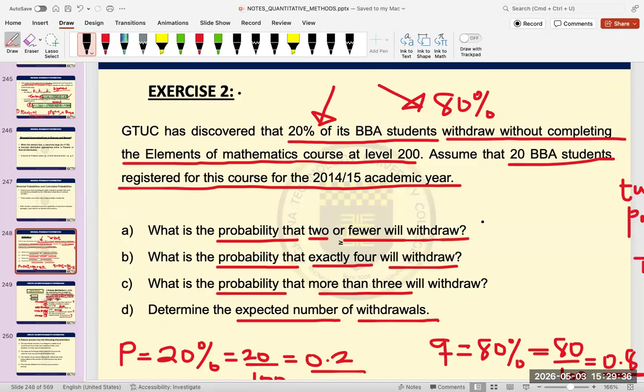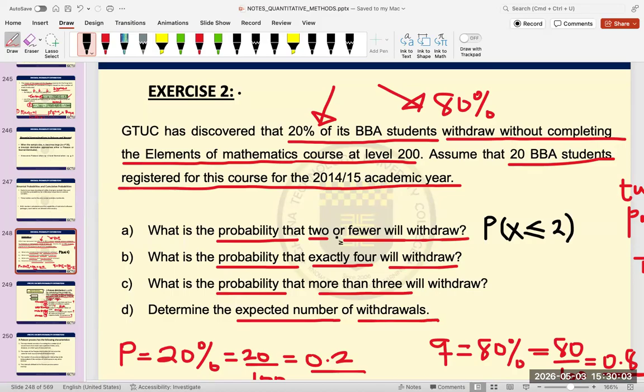Okay, so probability of random variable X, 2 or fewer. So X should be less than or equal to 2. This is what they want you to find.